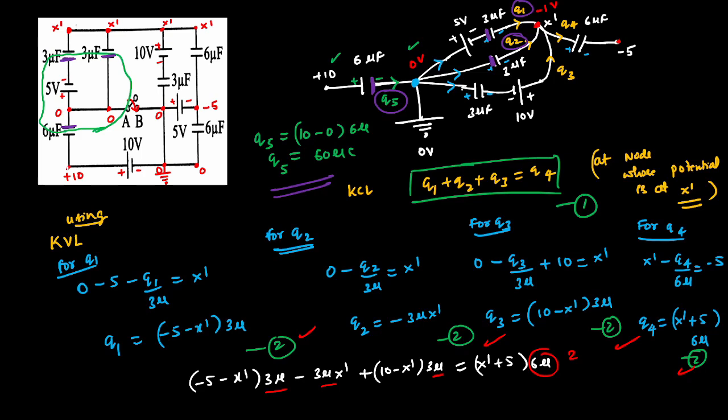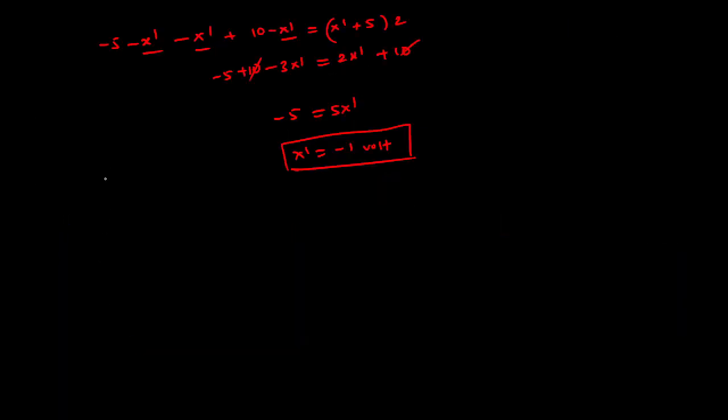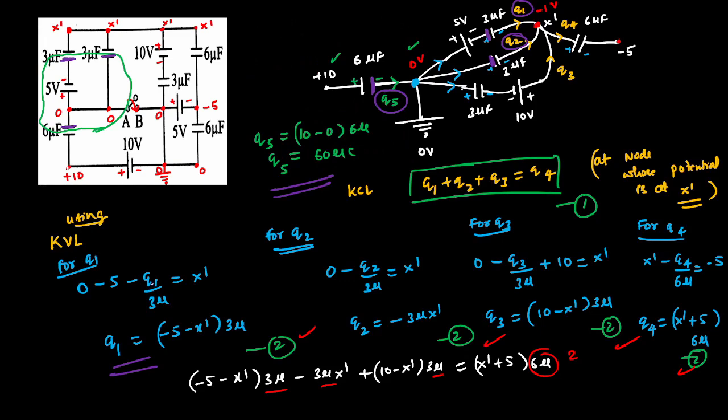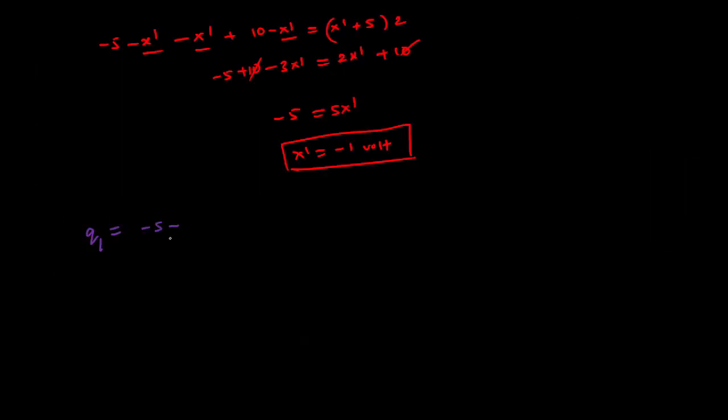So q1 is equal to minus 5 minus x', where x' is minus 1, right? So this into 3 micro, so that is going to be minus 4 into 3 micro, which is minus 12 micro coulomb. That is what we got for q1.